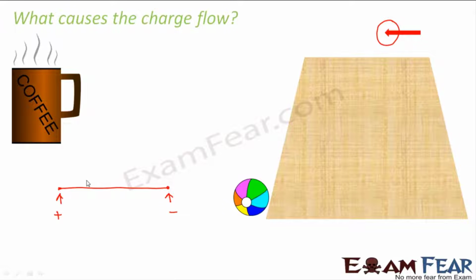Now, how is this potential difference produced? How will you produce this difference in potential between the two ends? Potential difference can be produced by a battery or by a combination of one or more cells. In fact, that is the purpose of a battery. In your chemistry lessons you would have studied the working of a cell. How does a cell work? What is the purpose of a cell?